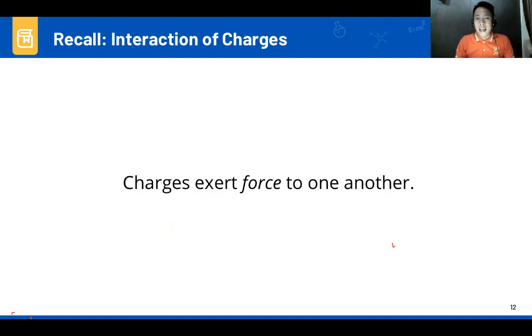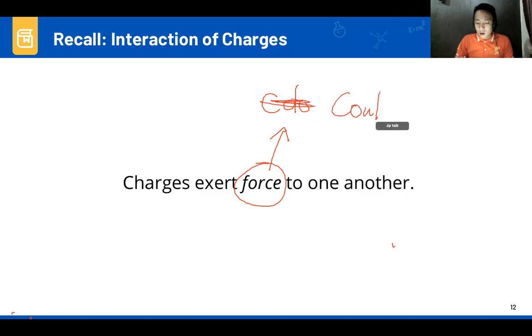Something like that. Okay, that's what we call the exerted force. Now we will concentrate on this one, the force. So how can we find that force? Okay, this is included in our lesson, which is Coulomb's Law.